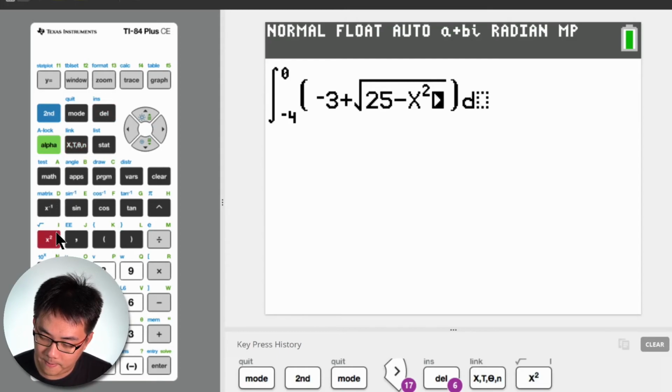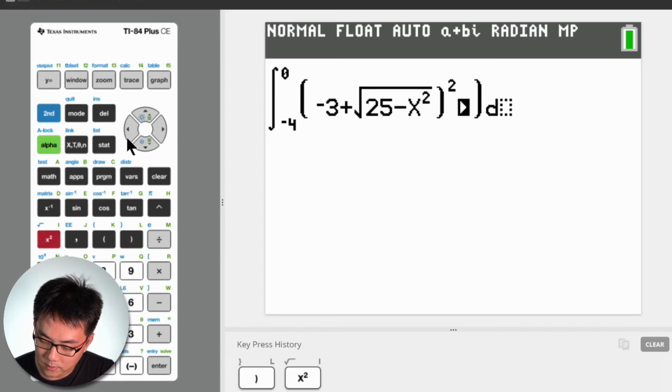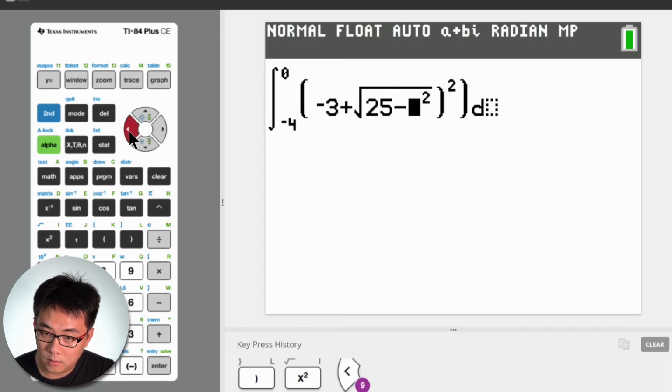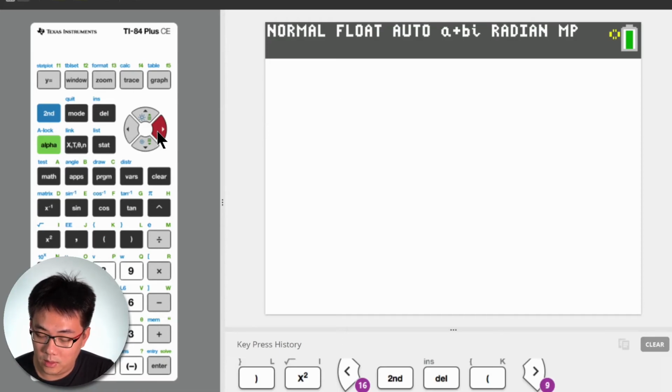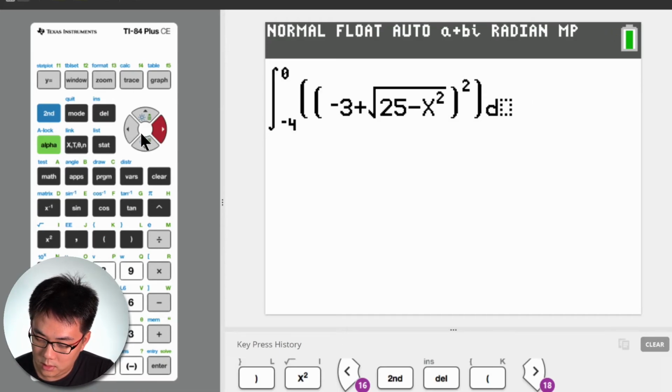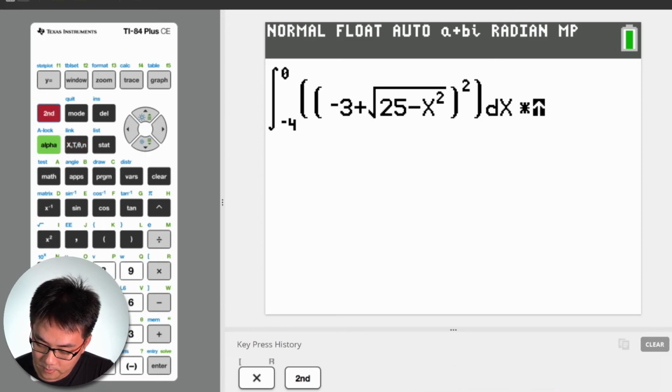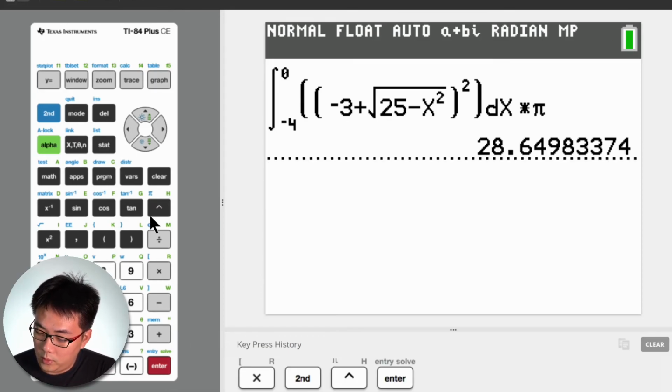Square the whole thing, put the x there, and multiply by pi. The answer is 8.649.